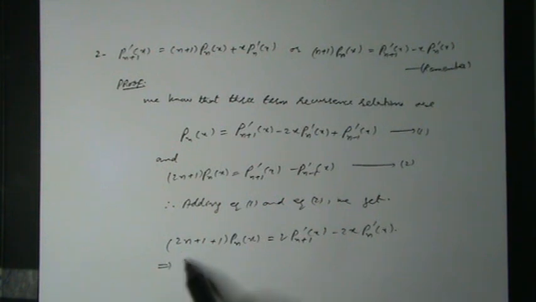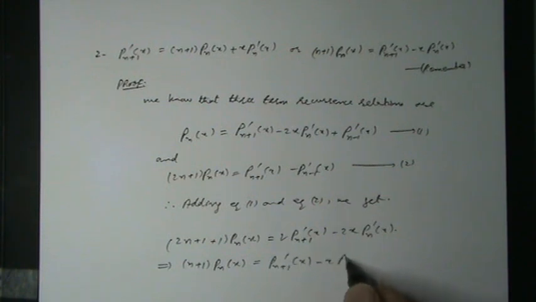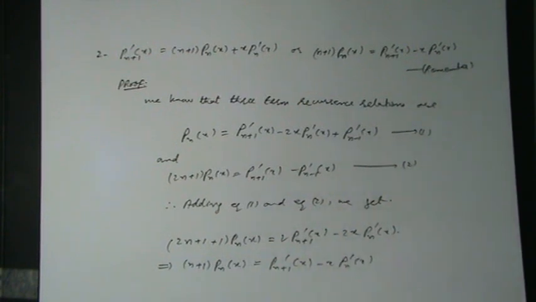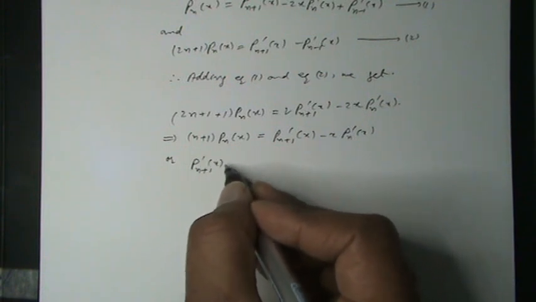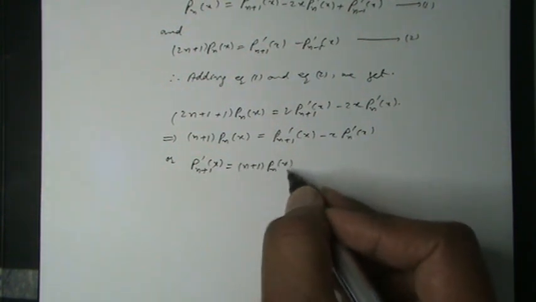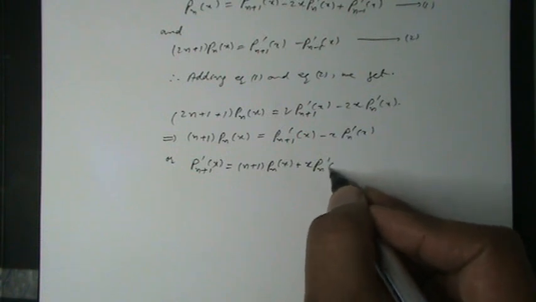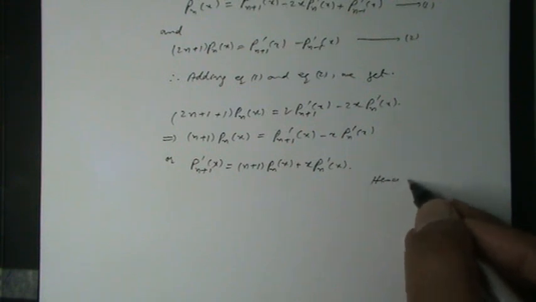This implies 2 will be cancelled throughout, (n plus 1) Pn(x) equal to Pn plus 1 dash (x) minus x Pn dash (x). As required, or it can be written as Pn plus 1 dash (x) equal to (n plus 1) Pn(x) plus x Pn dash (x). Hence the proof is complete.